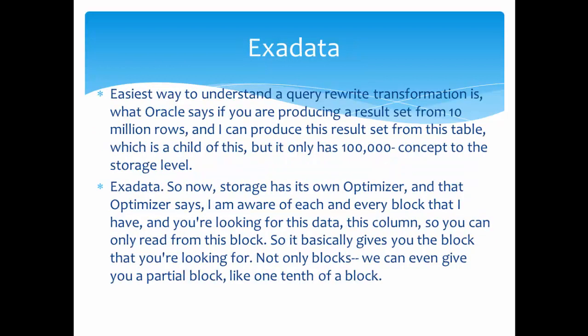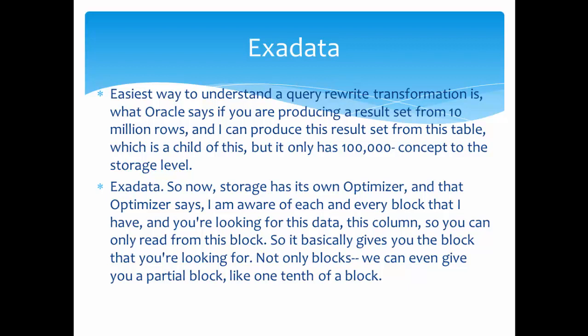Exadata, this is very popular. The easiest way to understand a query rewrite transformation is what Oracle says: if you're producing a result set from 10 million rows, and I can produce this result set from this table, which is a child of this, but only has 100,000 rows, I will use it. Now take the concept to the storage level, Exadata.